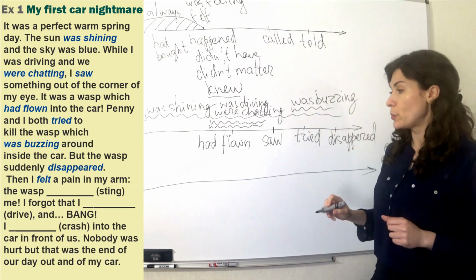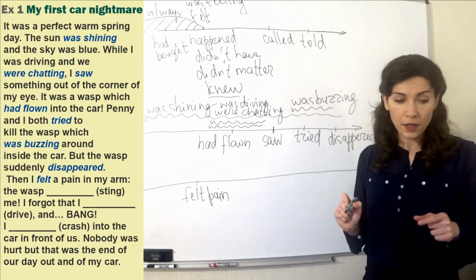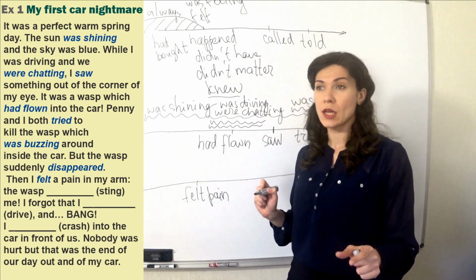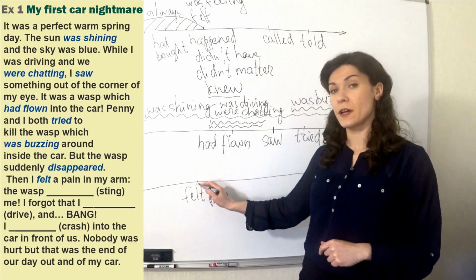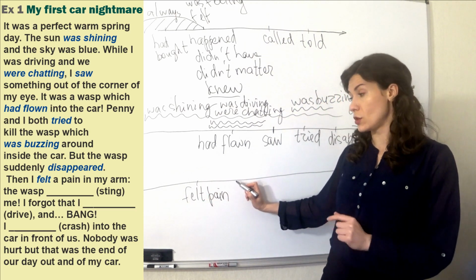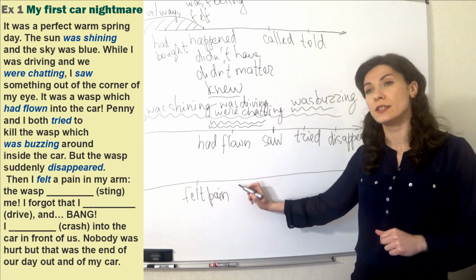Then I felt pain in my arm. Then, obviously, the wasp, and if you use here stung me, it would mean that first I felt pain and afterwards the wasp stung me. So the pain was not caused by the wasp, but by something different.